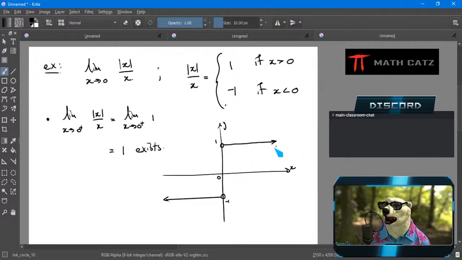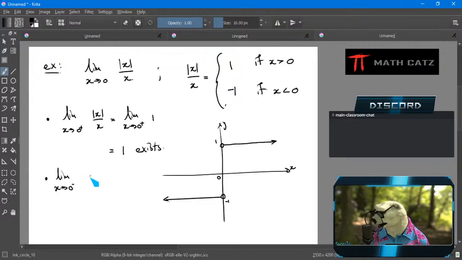I'm not even heading towards 1. I'm at 1. There's no variation in the y values at all. So great. It's as stable as it can be. Remember, I'm not at 0. I'm heading towards 0 behavior.